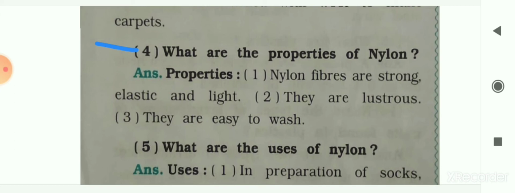Another property is they are lustrous, that means they give shine, and they are easy to wash. So these are some properties of nylon fiber, that they are strong, elastic, light, lustrous, and easy to wash.